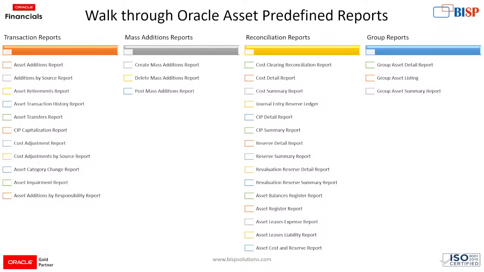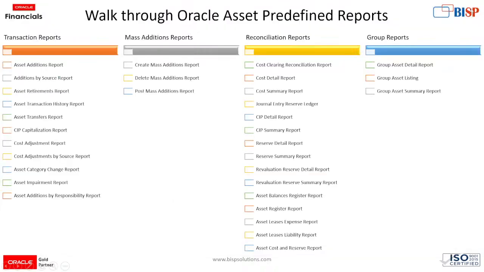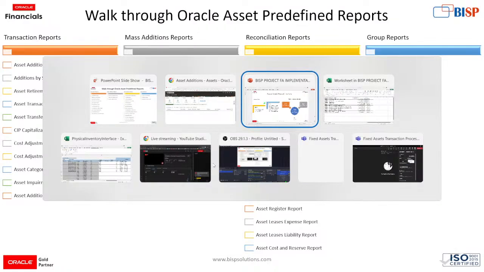That is the Asset Addition Report. From the ESS page, you can run the asset addition process. So let us navigate to the application and view that report.